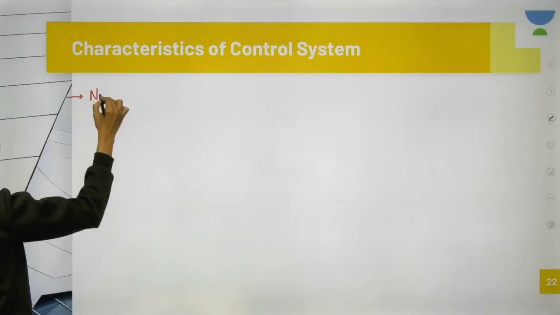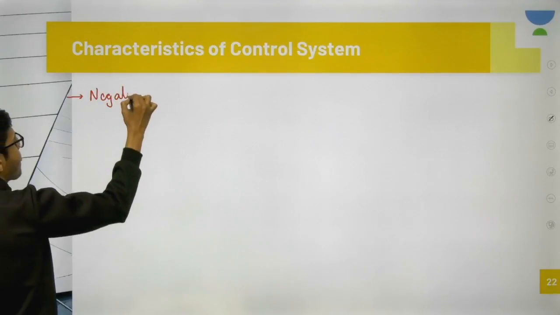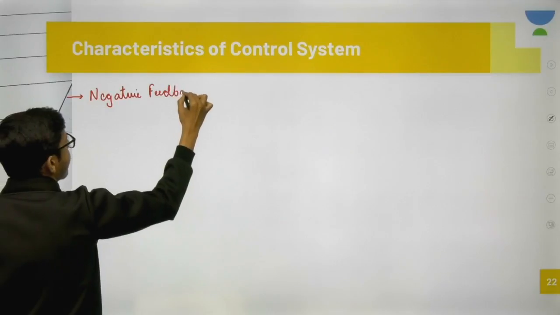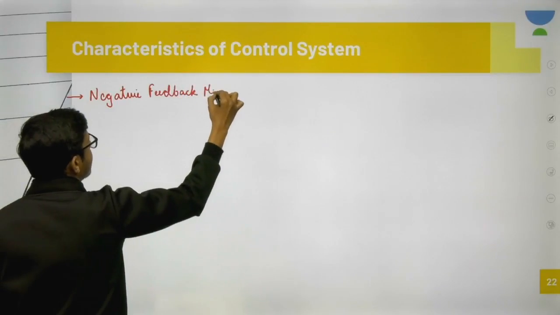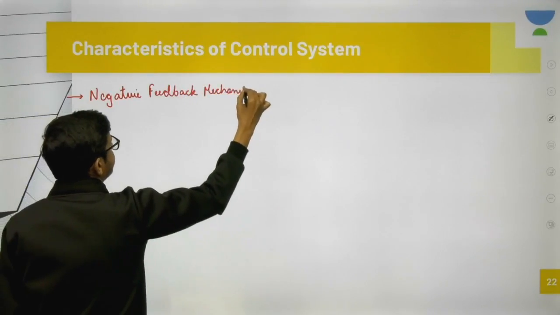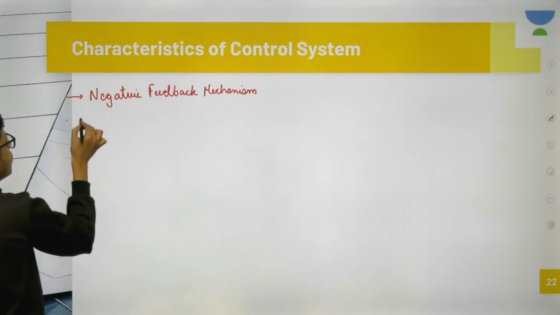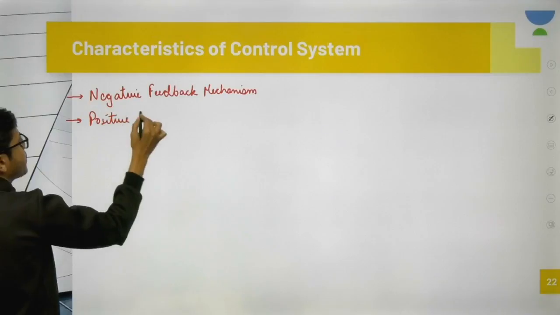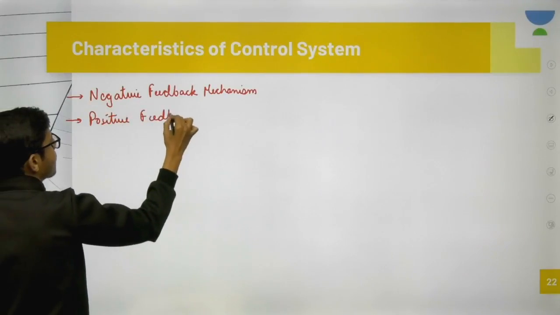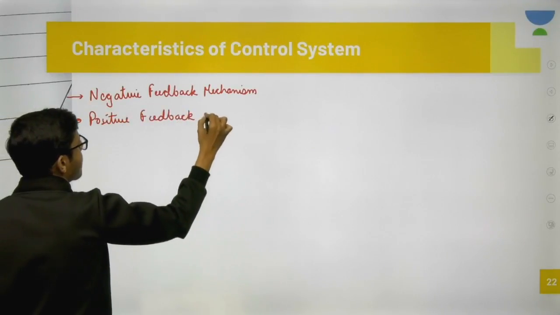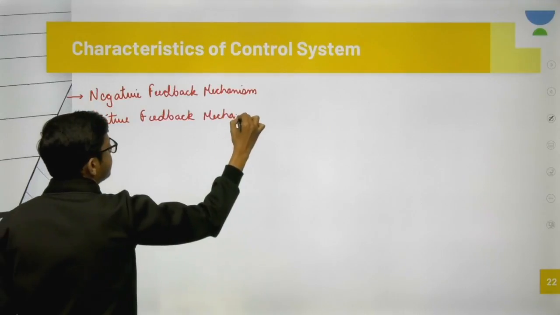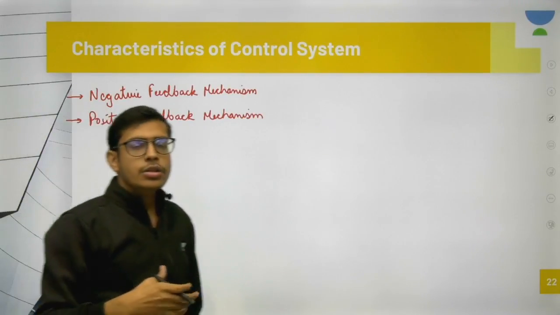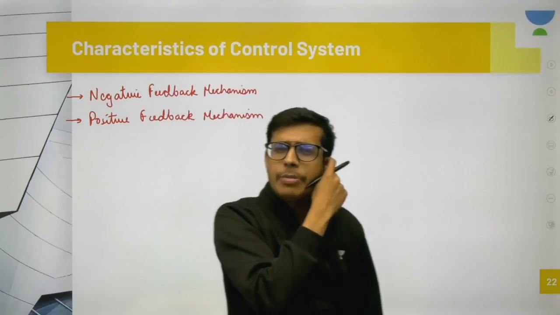The first one would be negative feedback mechanism, and the second one would be positive feedback mechanism. So what is negative feedback mechanism?